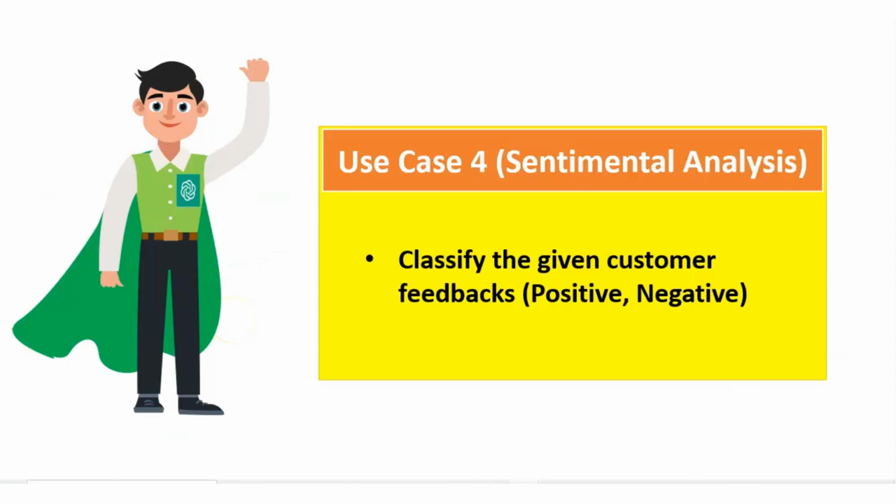Moving to our fourth use case, which is categorization. Here, we will use the same English translated customer feedbacks from use case 3 and do a sentimental analysis for the customer feedbacks received.